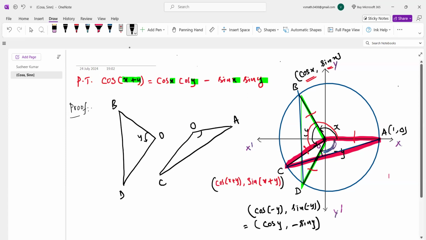And from here to here, it is minus y units. Here the negative sign shows the direction, but the magnitude remains y units only.